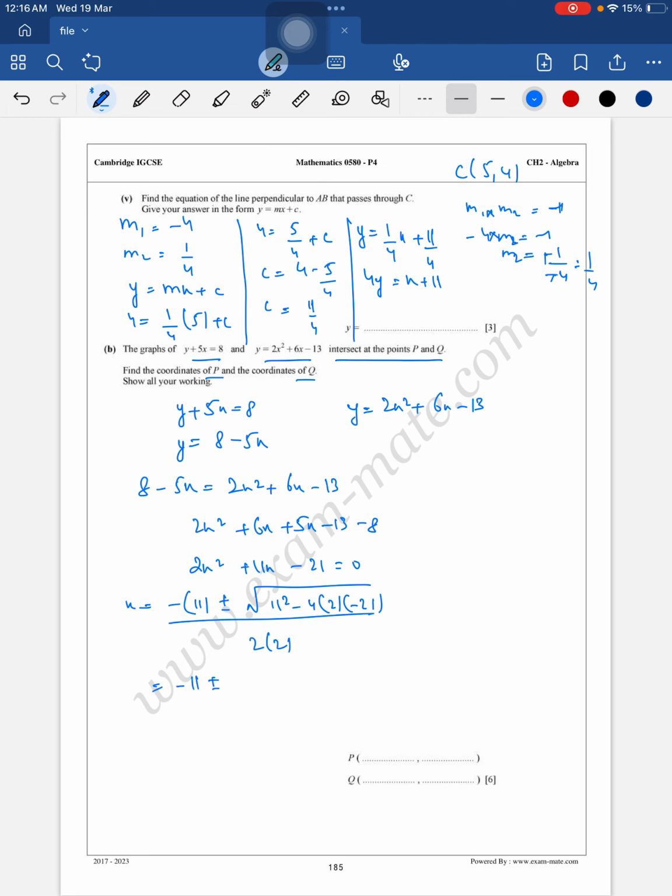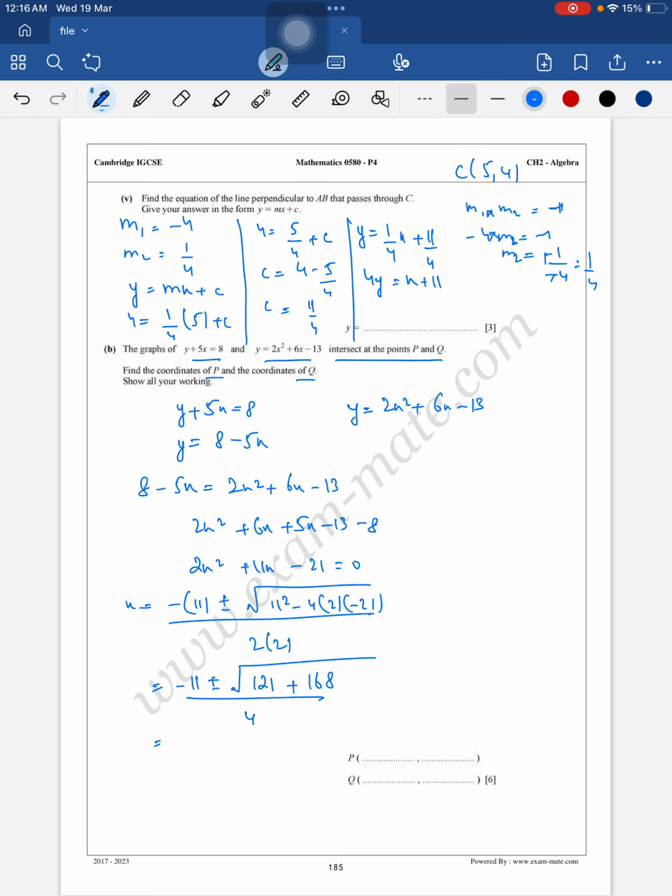So minus 11 plus or minus root of 11 squared, which is 121, plus 4 times 2 multiplied by 21, we have 168, upon 4, 2 times 2 is 4.